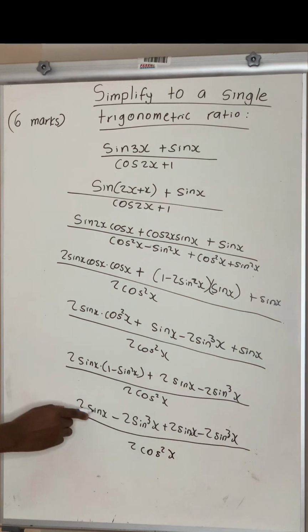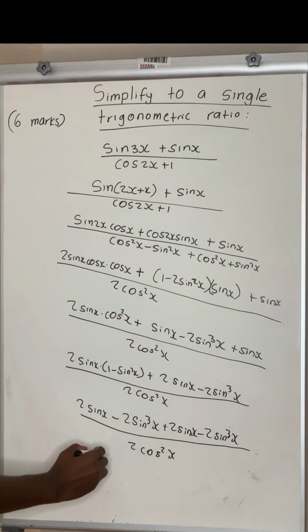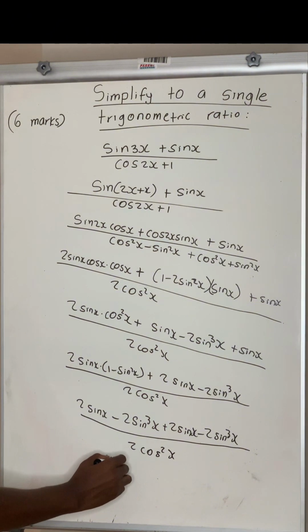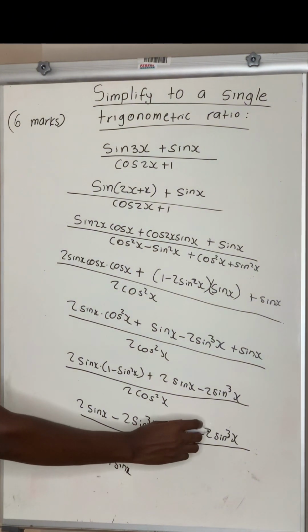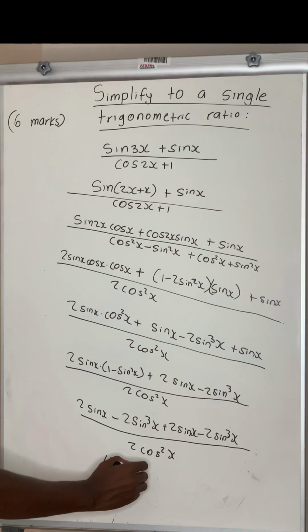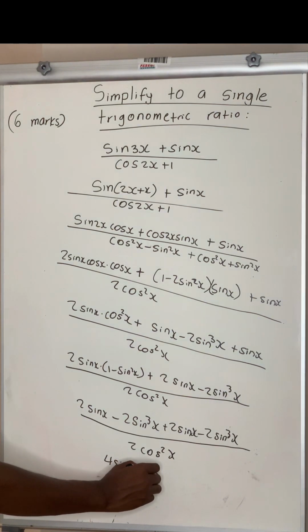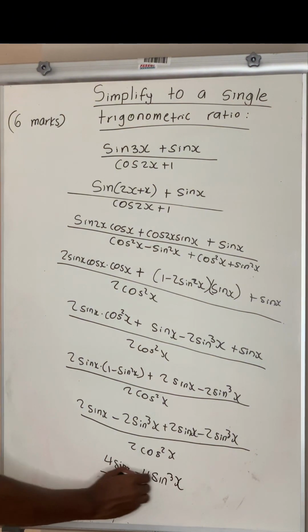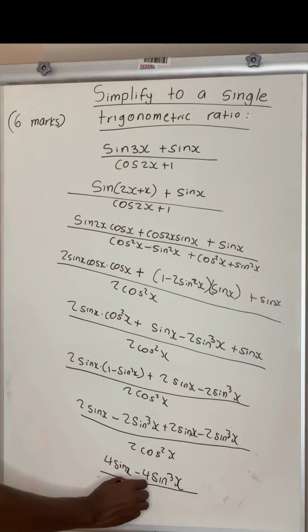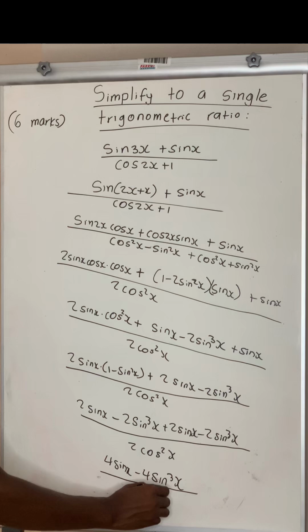And then from here, 2 sine x plus 2 sine x, that is 4 sine x, negative 2 sine cubed x minus 2 sine cubed x, that is negative 4 sine cubed x. Divide all of that by 2 cos squared x.